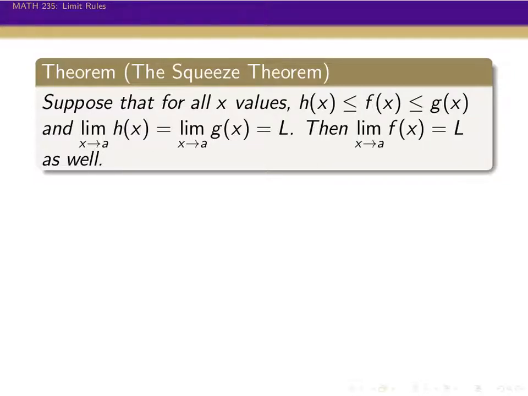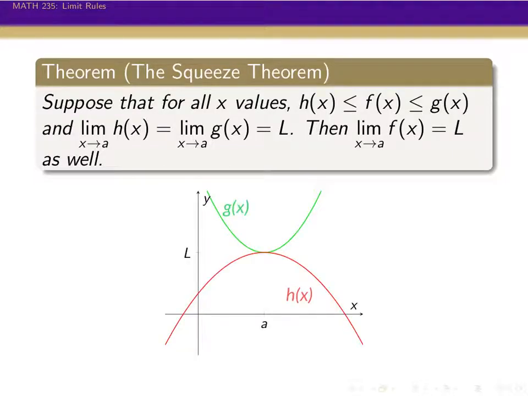So what's the picture for this? Let's bring in h and g first. Here we have our h of x always on the bottom, g of x always on the top. But as you see, as x goes to a, both of these functions are heading towards the same limit L. Now, where is f of x going to be in this picture?